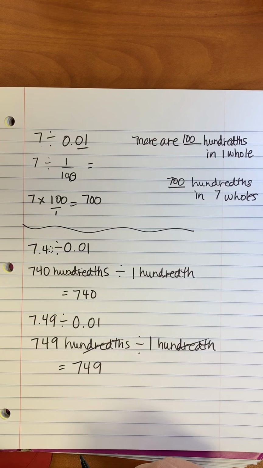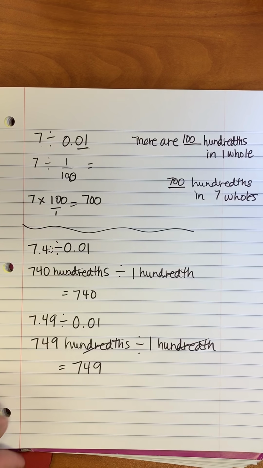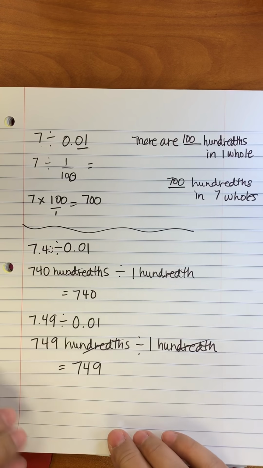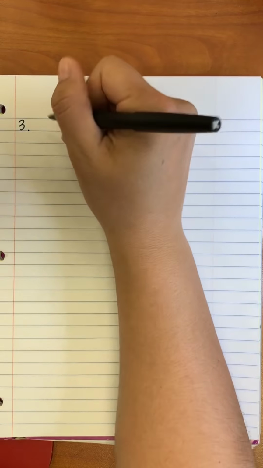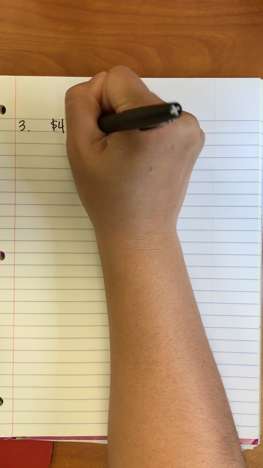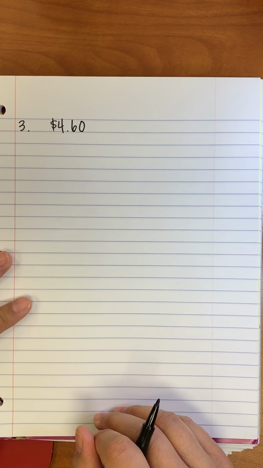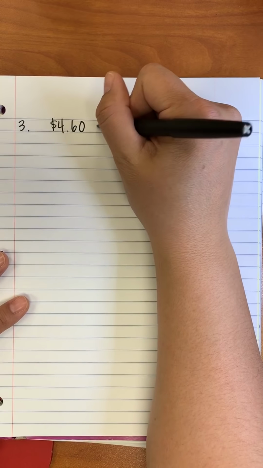So let me just take a look at one of the word problems. So I'll do number 3 for the word problems. Young bought $4.60 worth of bubblegum.